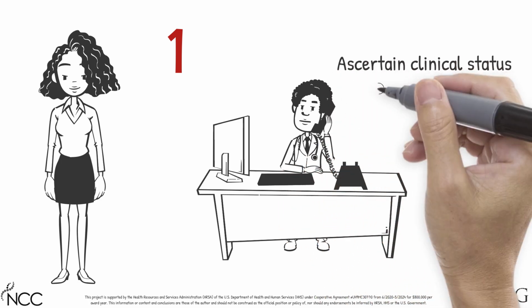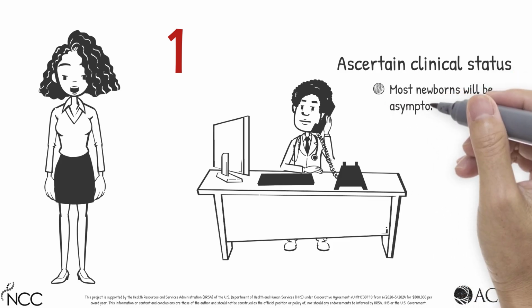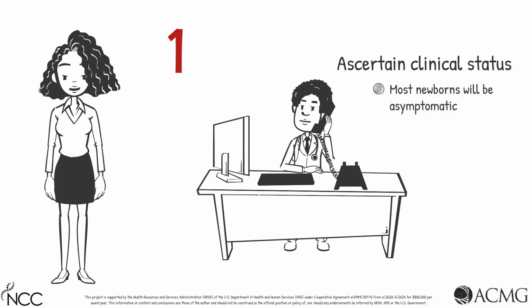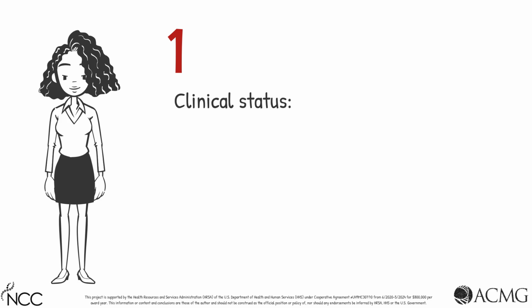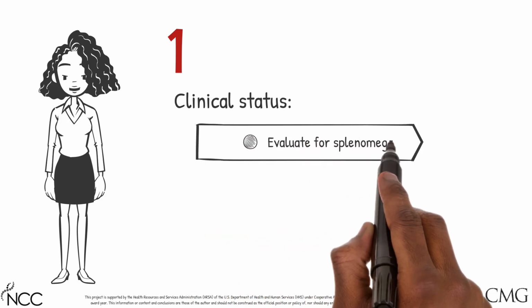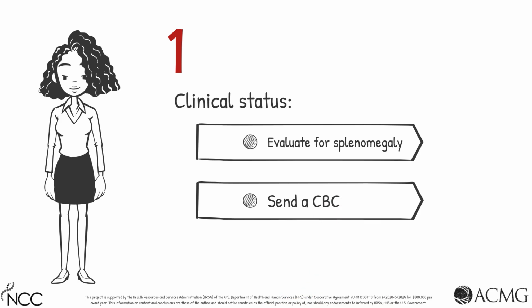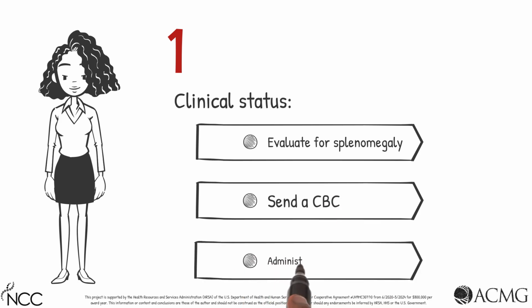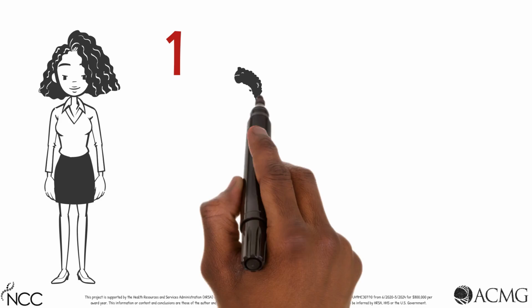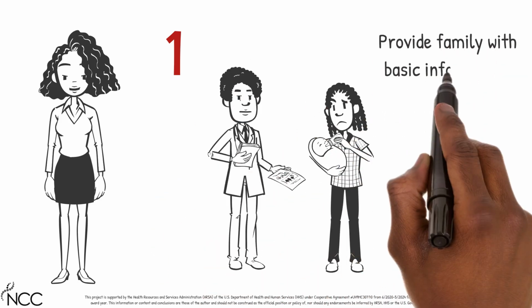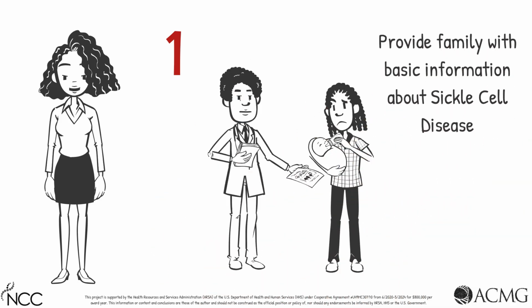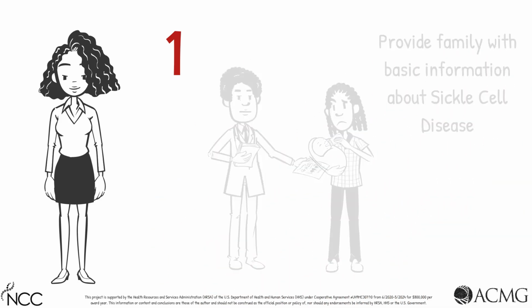Ascertain clinical status, keeping in mind that most newborns will be asymptomatic. Evaluate the child for splenomegaly and send a CBC. Administer prophylactic penicillin. Provide the family with basic information about sickle cell disease.